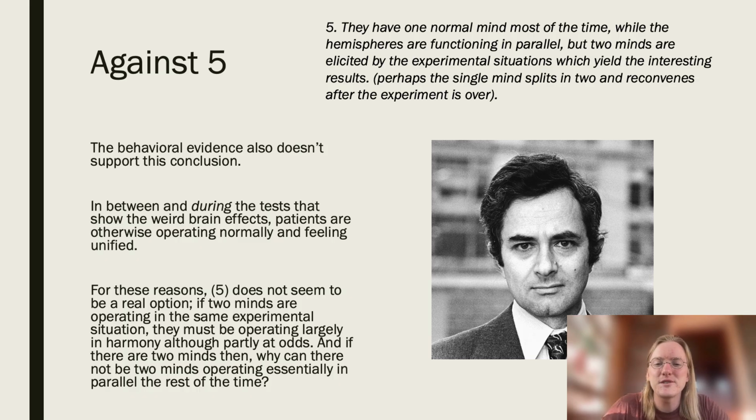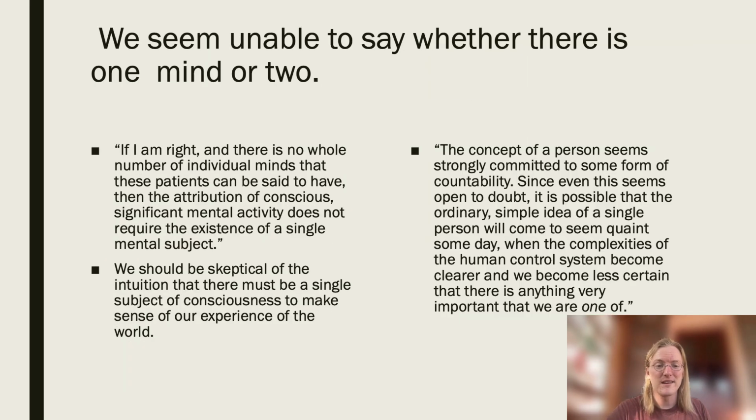So when Nagel suggests number 5 as a possible explanation, that they have one mind, but then it splits into two in experimental conditions, it looks like we can't tell if there's one or two minds, but even when it looks like there's two minds, there's at the same time what seems to be one mind, which is the sense of sitting in the chair and taking the psychology experiment at all. So Nagel concludes that none of these explanations are plausible, that these split brain cases are a real enigma.